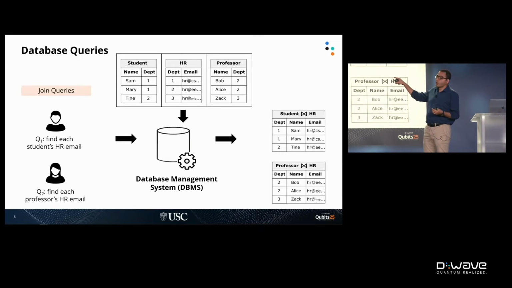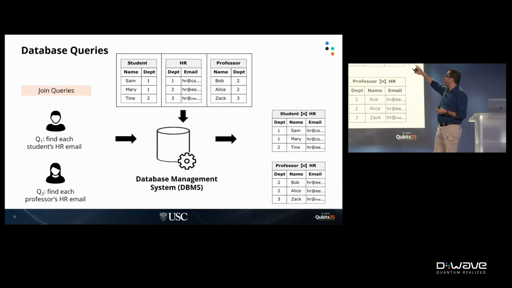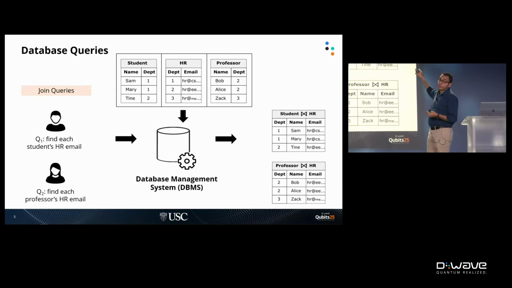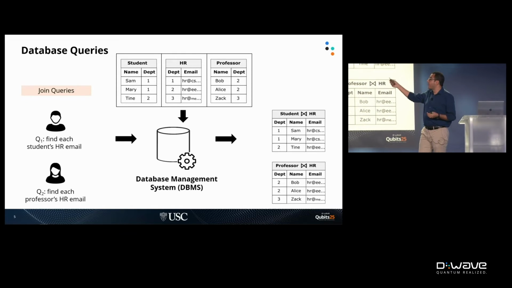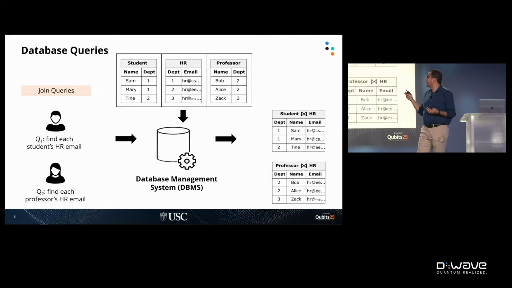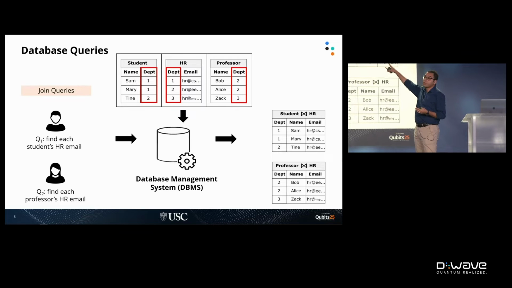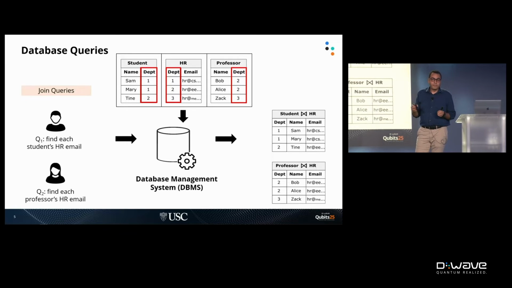So in the first query, Q1, we get these results by joining two tables, student and HR. How can we do this? By finding the matching tuples from the two tables based on a join column. For example, between student and HR we have the department column, which is the join one. We call this a join predicate or a join condition. That's a simple join query.